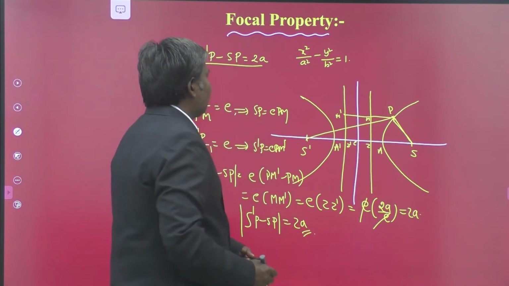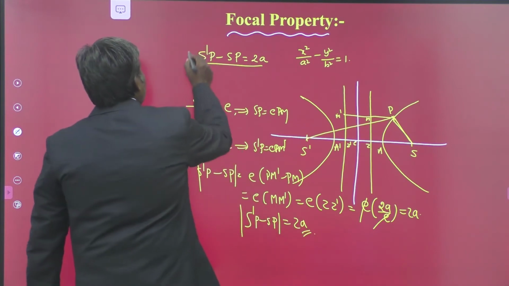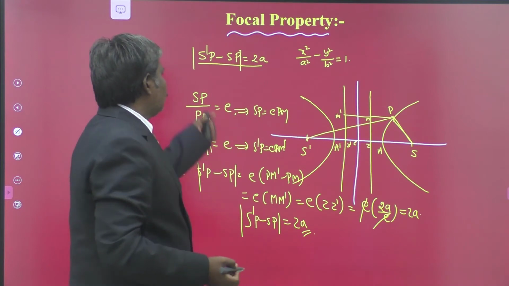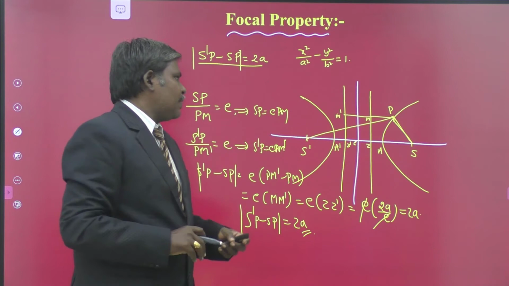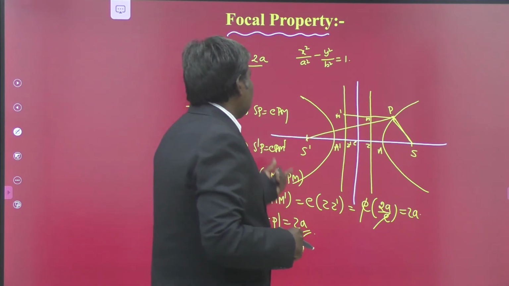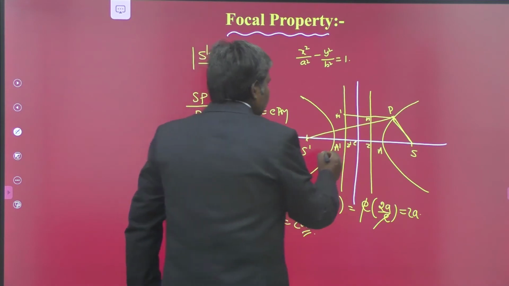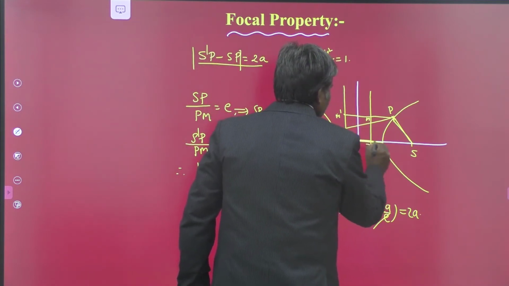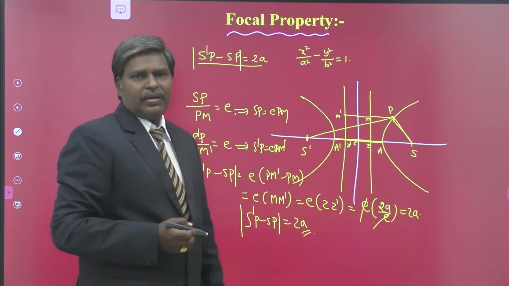What is 2A? The length of the transverse axis. So this is called the focal property of the hyperbola. So the difference of the focal distances of any point on the hyperbola is nothing but the length of the transverse axis, that is AA dash. This is your AA dash. Understand?